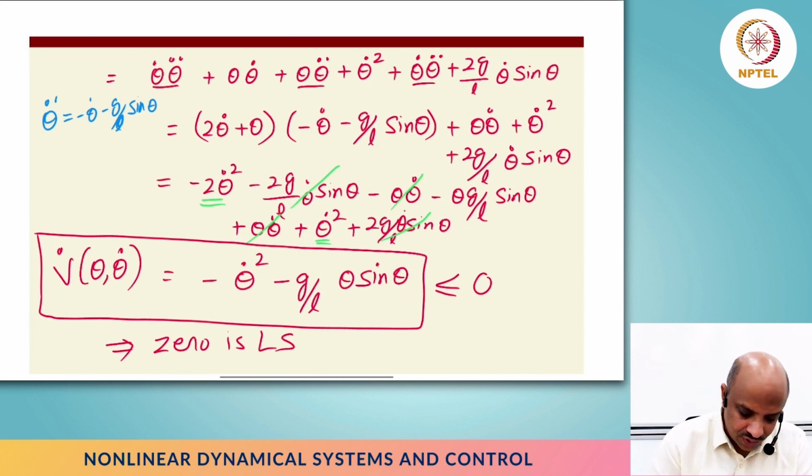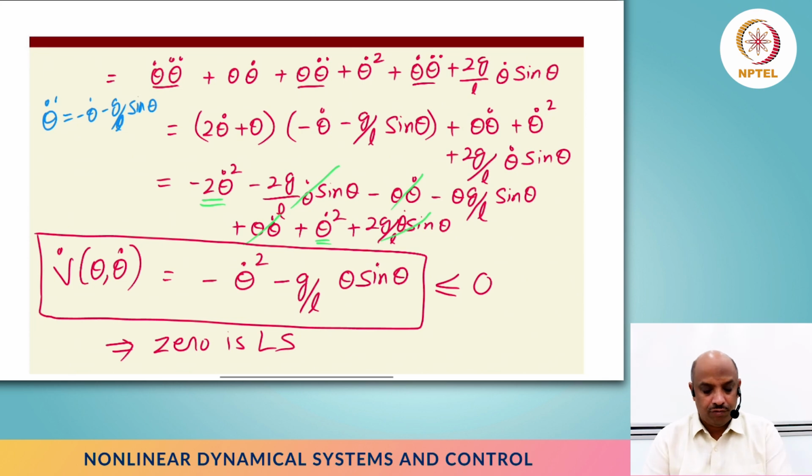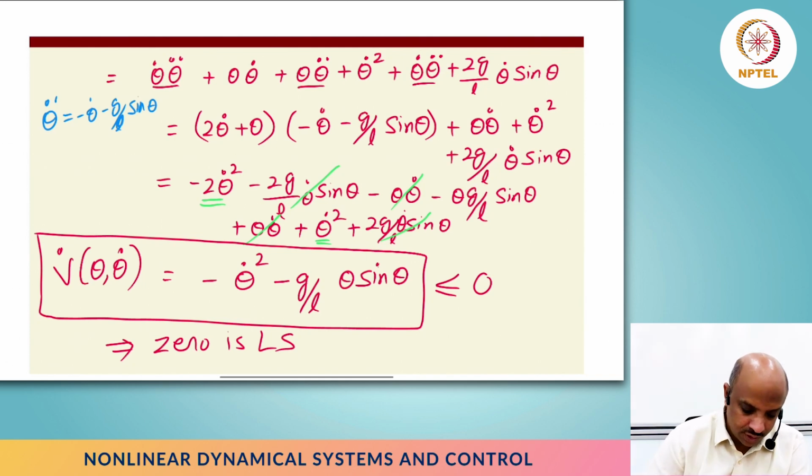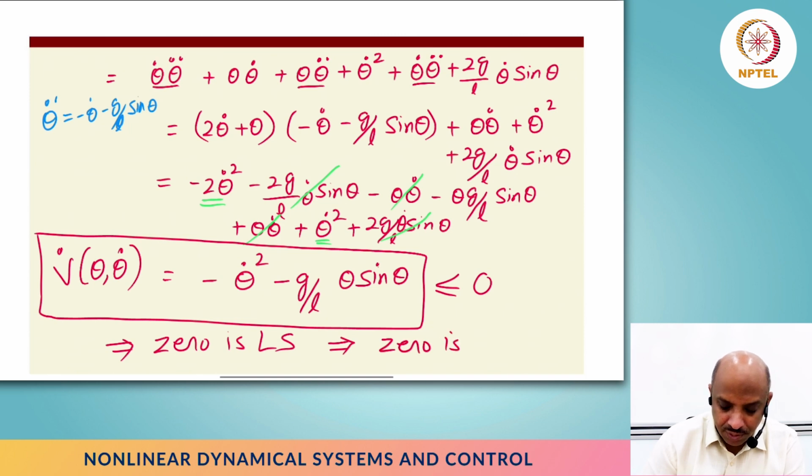When theta dot is 0, close to 0, theta times sine theta is always positive. That's a result that we have known. So basically minus g by L times theta sine theta is going to be negative. So in other words, this further implies 0 is asymptotically stable.